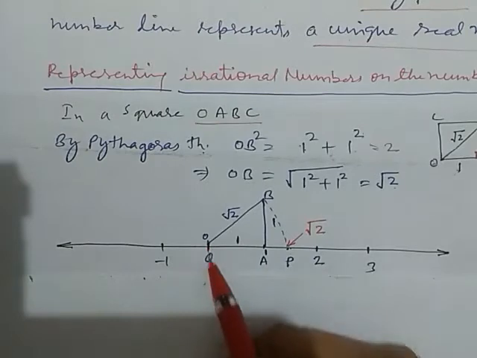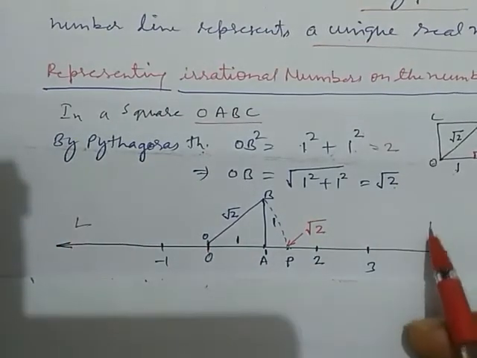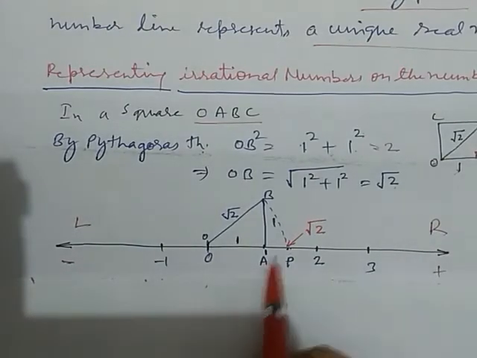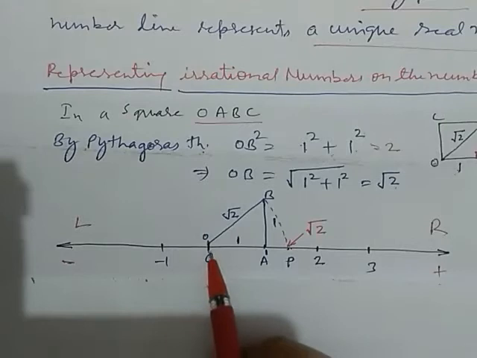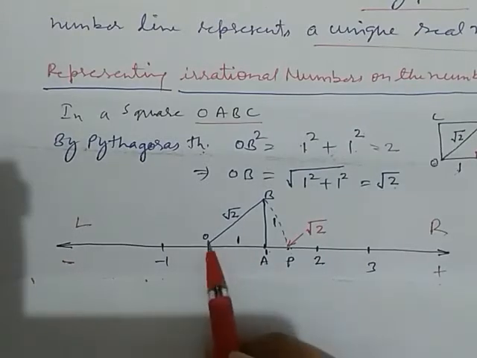This is our 0 on the number line. This left side is negative and this right side is positive. Now first we take 1 unit.